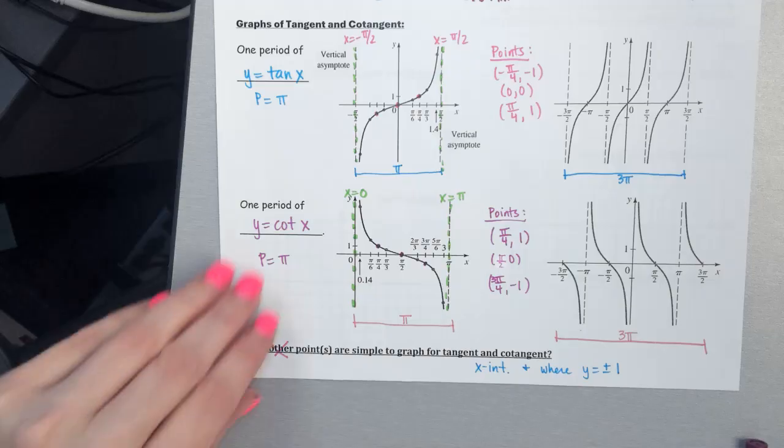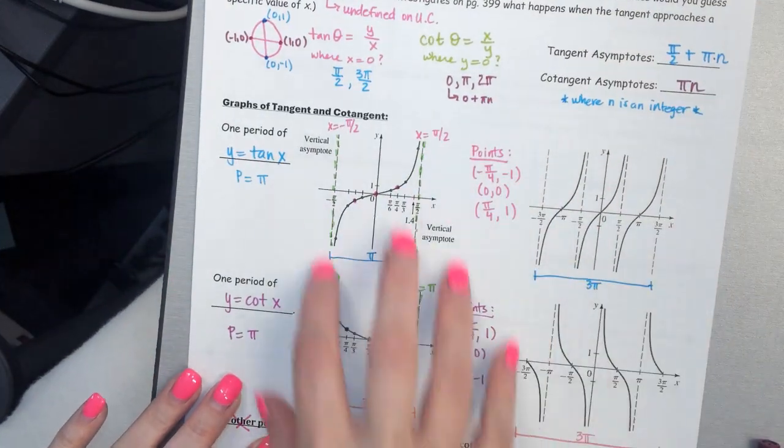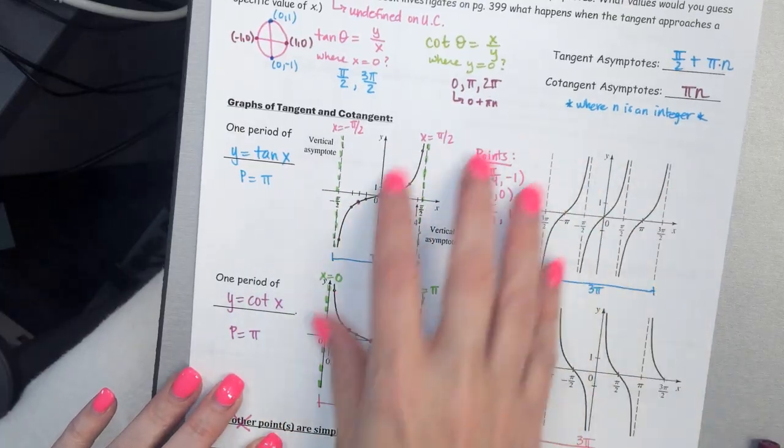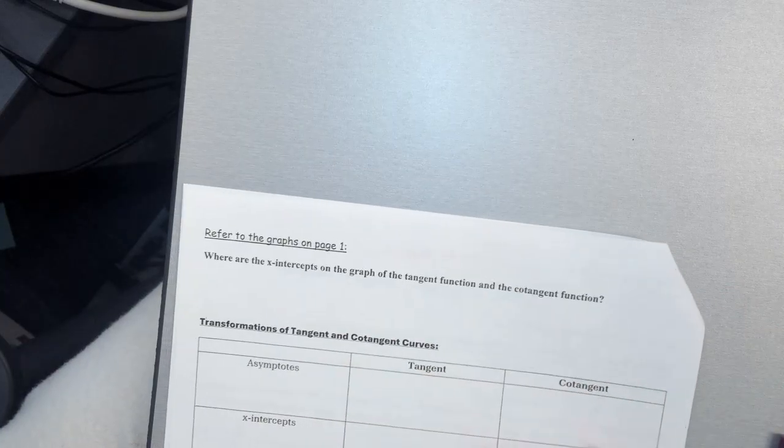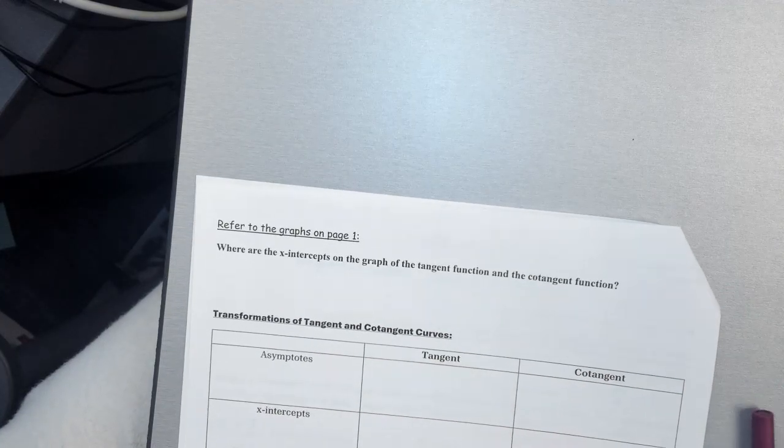Thank you. All right, so when you are graphing, you're either going to be referencing this page as you are doing your homework until you get more comfortable, or you are going to be using the information that we're going to organize in this table here.